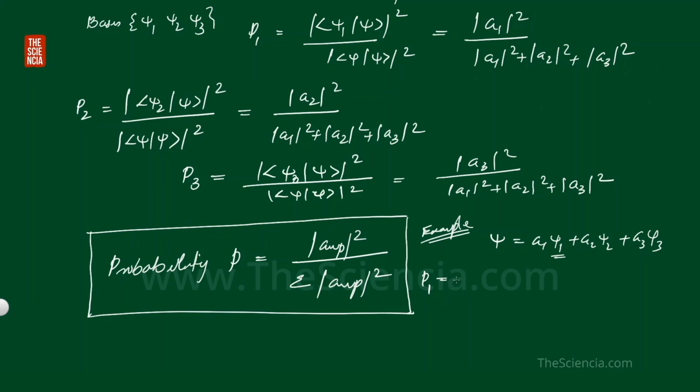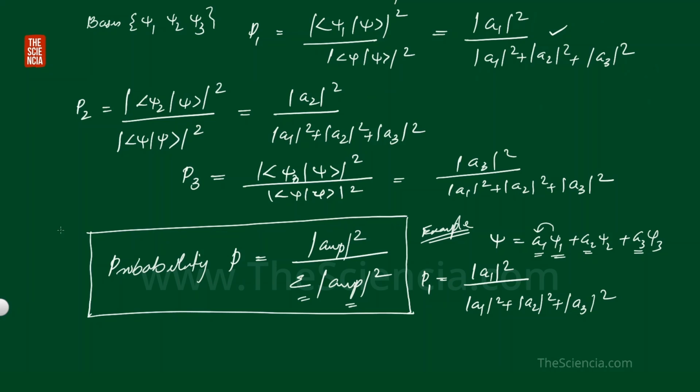Then this will be equal to the amplitude of the particle in that state, that is modulus of A1 square, divided by, see, these are the amplitudes of various states, so take the sum of amplitude squares, that is modulus of A1 square plus modulus of A2 square plus modulus of A3 square. So we got the same answer.